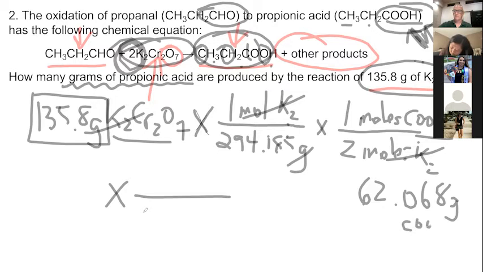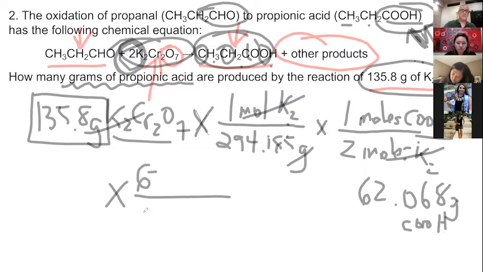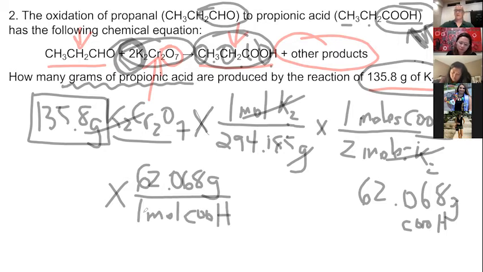For the acid. So where do I put the mass and where do I put the moles? Mass at the top, moles at the bottom. Right, because I want my answer to be in grams. So 62.068 grams on the top, 1 mole per mole of propionic acid. So I have moles of acid on the top, I have moles of acid on the bottom. And now the only thing I have left is grams of propionic acid, and that's what I want.